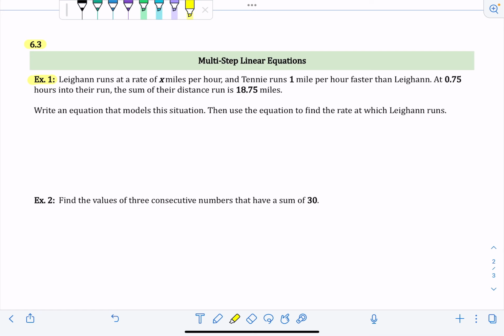So we're going to use our variables to represent the rate that they run by. It even kind of identifies it for us. I'm going to read through this one more time. Leanne runs at a rate of x miles per hour, so they're identifying our variable for us. We can even start there. So we can say x is equal to Leanne's rate.